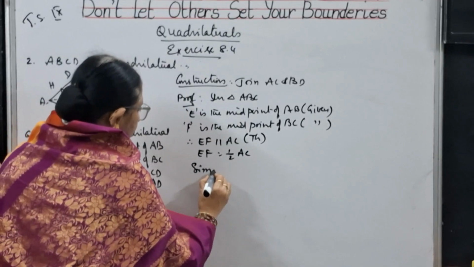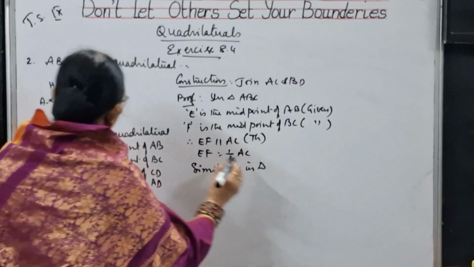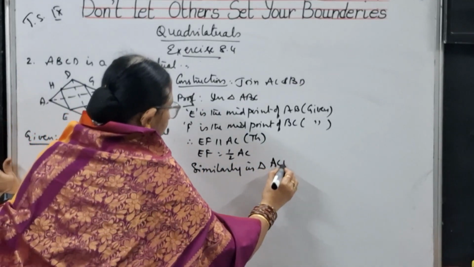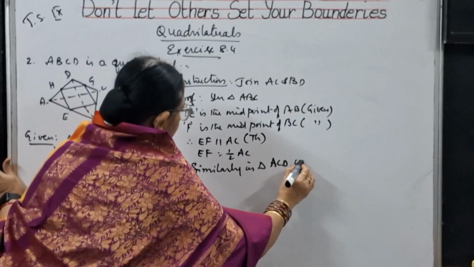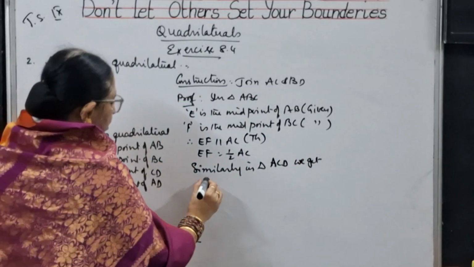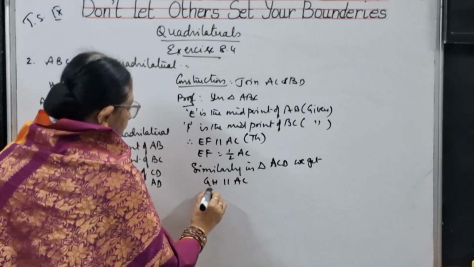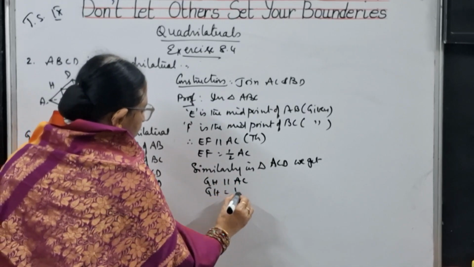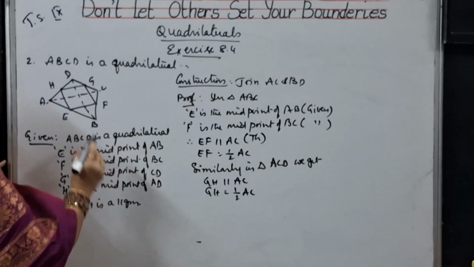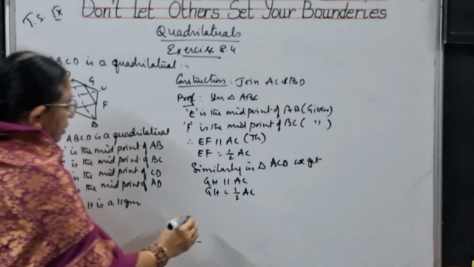Similarly, in triangle ACD, we get in the same way GH is parallel to AC and GH is half of AC. GH is parallel to AC, GH is half of AC.